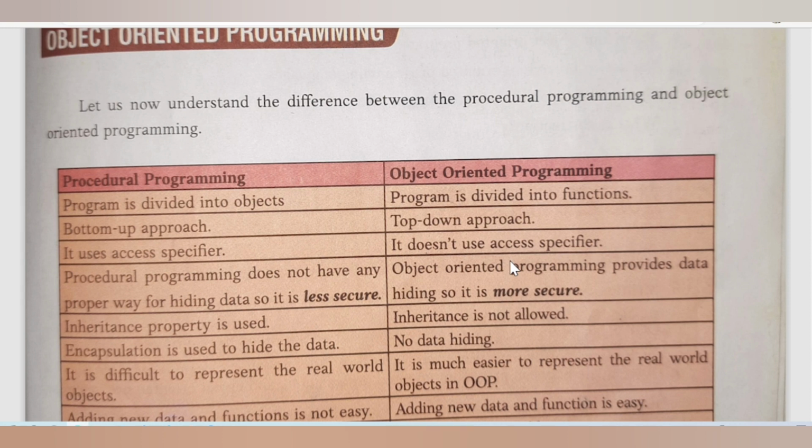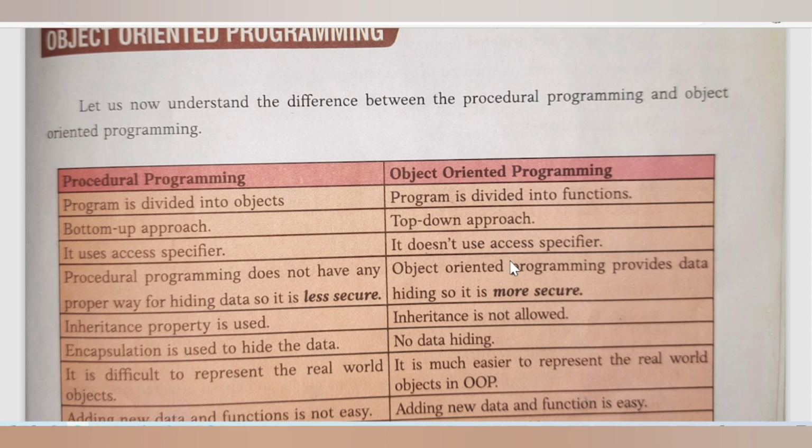Procedure programming does not have any proper way of hiding the data, so it is less secure. But in object oriented programming we can hide the data, so it is more secure. Inheritance can be used in object oriented programming, and in procedure oriented programming, inheritance is not allowed.